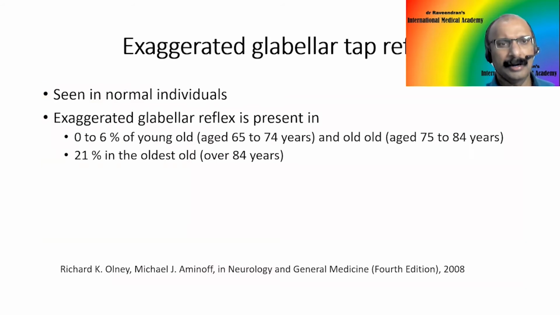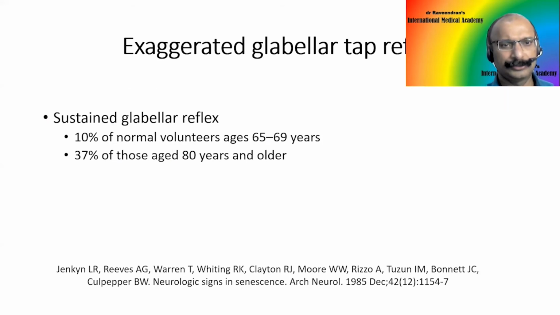But remember, exaggerated glabellar reflex is also seen in normal individuals. It was reported that exaggerated glabellar reflex is present in 21% of normal individuals over 84 years of age. Another study showed that it is present in 37% of people 80 years and older.